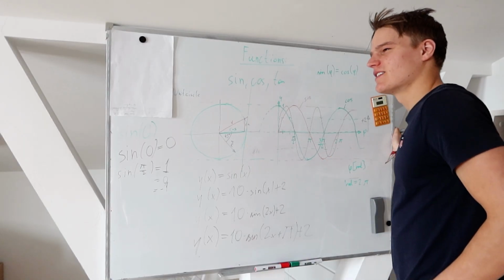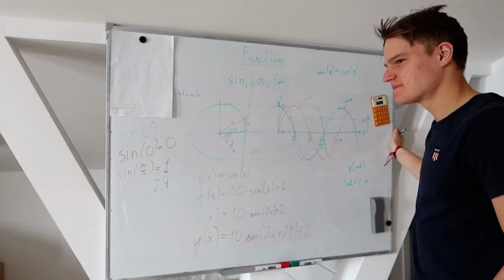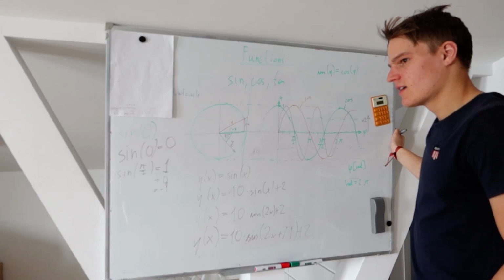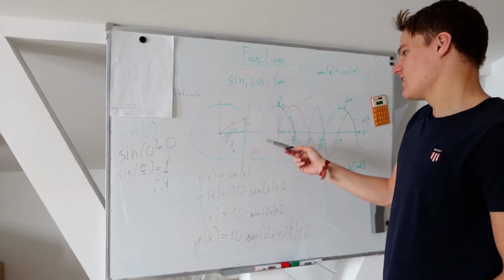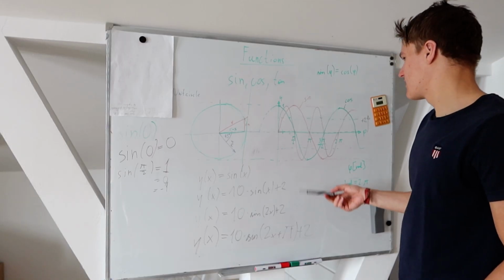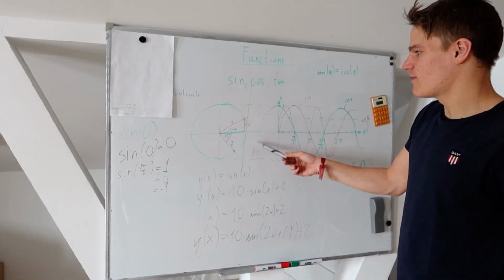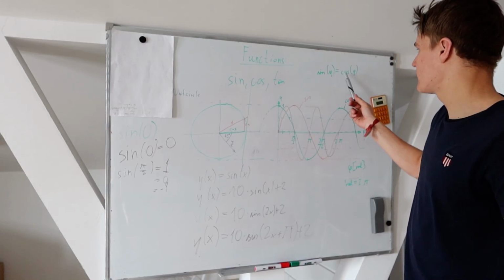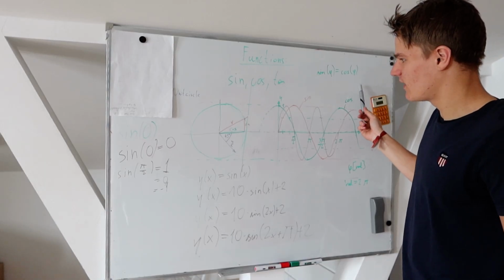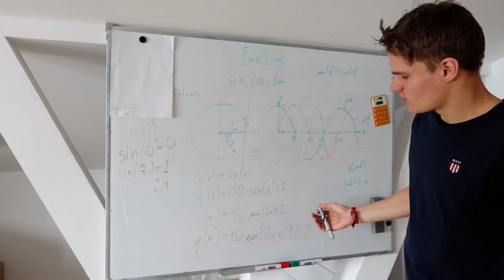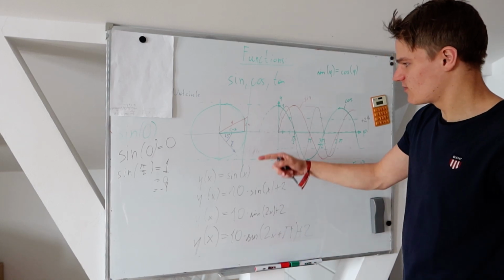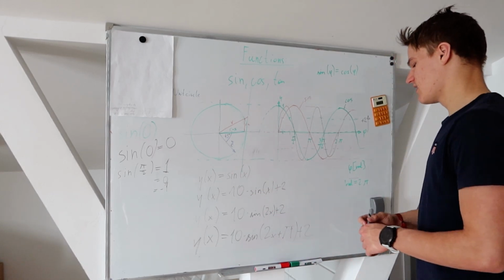I gotta think about this myself. To the left, right? So if I have the cosine function and I have cosine of an angle plus phi, then I shift it to the left by phi.